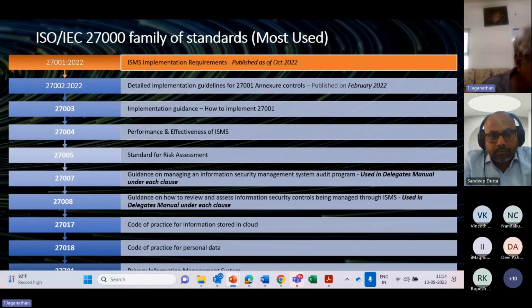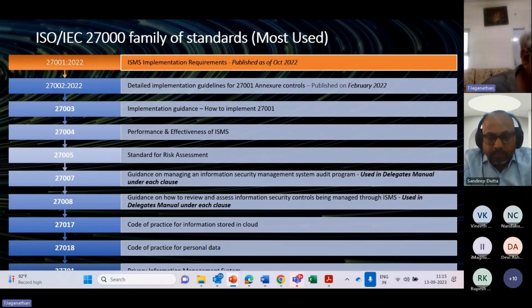For background verification, you should decide it based on your risk assessment and the nature of data being processed, define it, and do it before an employee joins the organization. That's all it will say. Whereas 27002 will go in depth on what is meant by background verification, who will do it, how it can be done, etc.